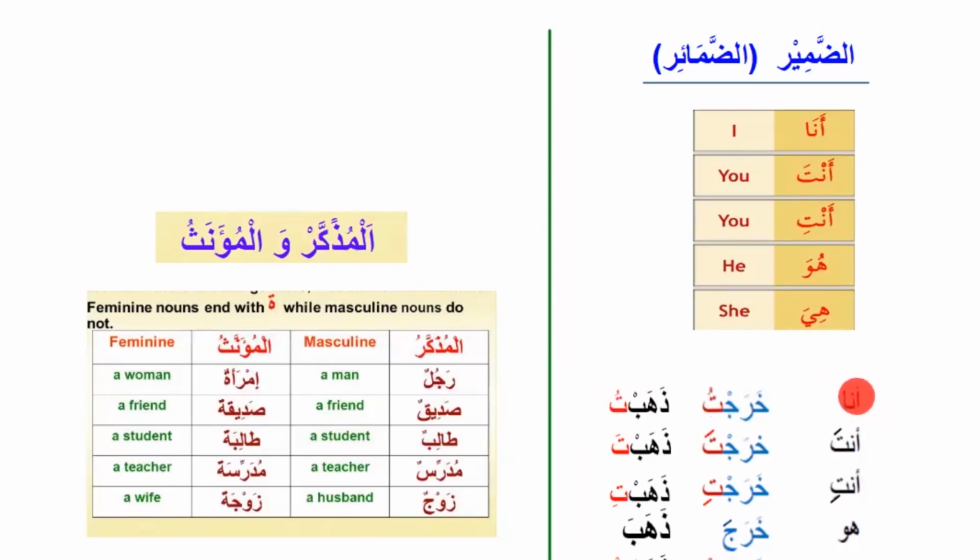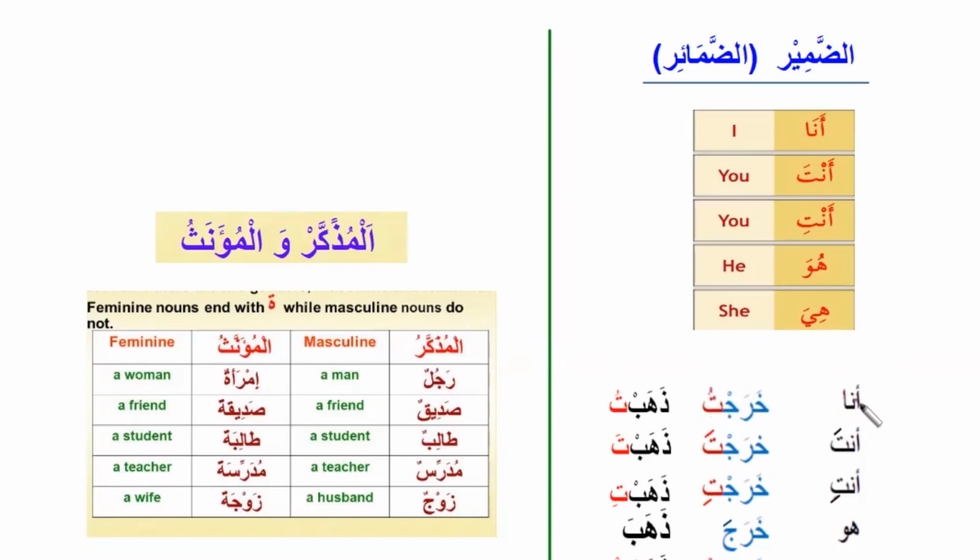So if ana means I, and I want to say I went, the initial verb is dhahaba, which means he went, but I want to turn it to myself. I went. This is the dhamir muttasil, the attached pronoun. You attach it to the verb to refer it to yourself.